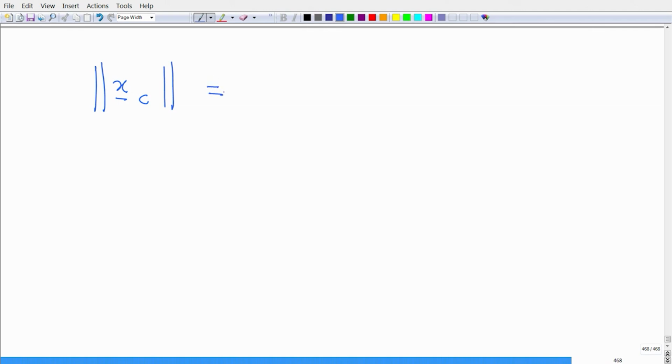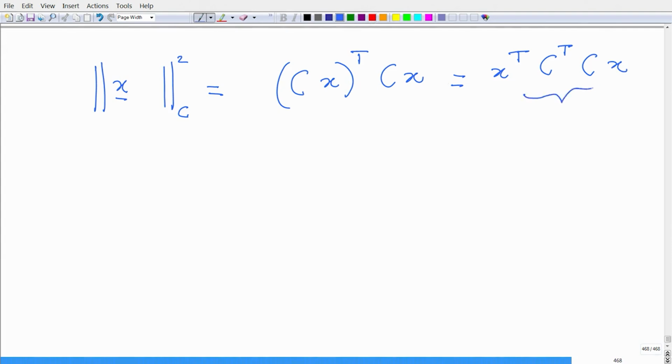The norm of x with C, squared, is given by Cx transposed times Cx, and written in quadratic form this is x transposed C transposed times Cx, where this matrix C transposed C is an M naught by M naught norm weighing matrix.